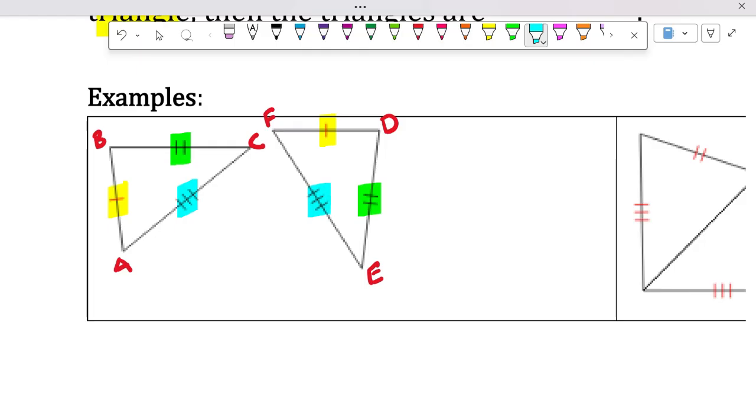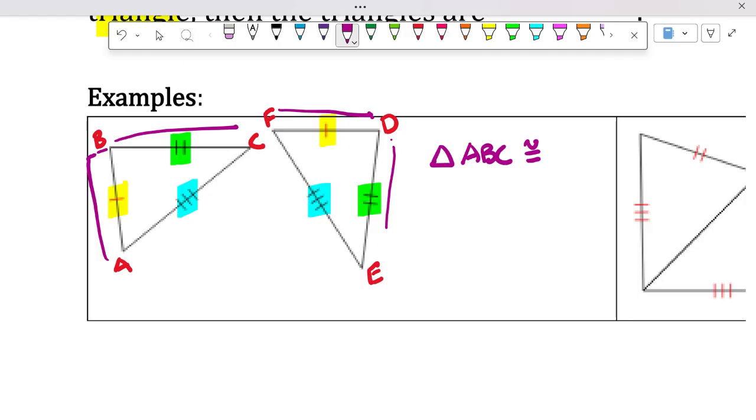All right, so we can say that triangle ABC is congruent. Now, since I said A, B, C, that means I got to do the same thing. So start at D. Nope. It would be F, D, E. Because I have to go along the same tick marks. So that would be congruent to triangle F, D, E.